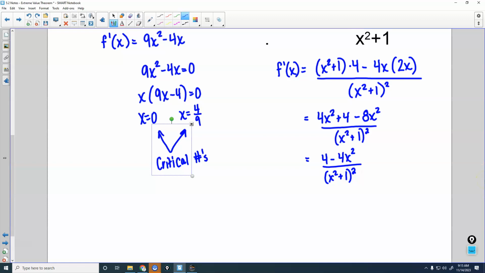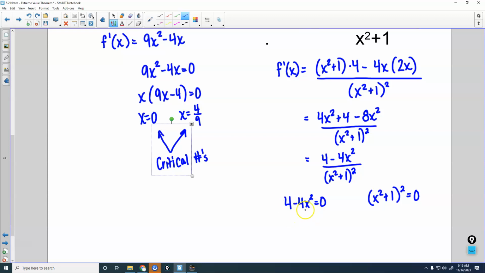All right. So what I'm going to do at this point is say 4 minus 4x squared equals 0. I'm also going to say x squared plus 1 squared equals 0. So I'm looking at both what would make the numerator 0, which would make the whole thing equal to 0, or would make the denominator 0, which would make the whole thing undefined.